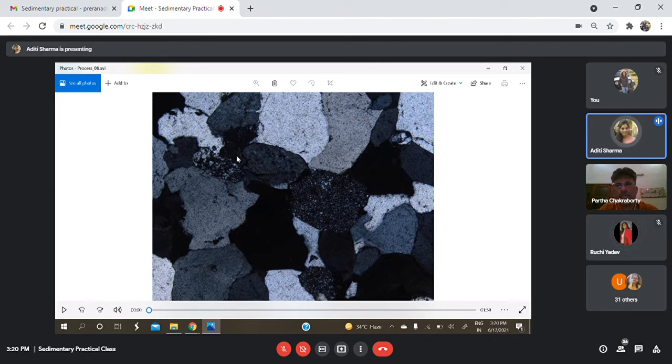Is it clear? Ma'am, does quartz also form pseudomatrix as we saw in feldspar? No, not properly, because quartz is very hard to alter. It is very resistant to weathering, the most resistant mineral to weathering. Compared with quartz, feldspar is easy to alter. Why is that? Let me come to the structure of quartz and feldspar.